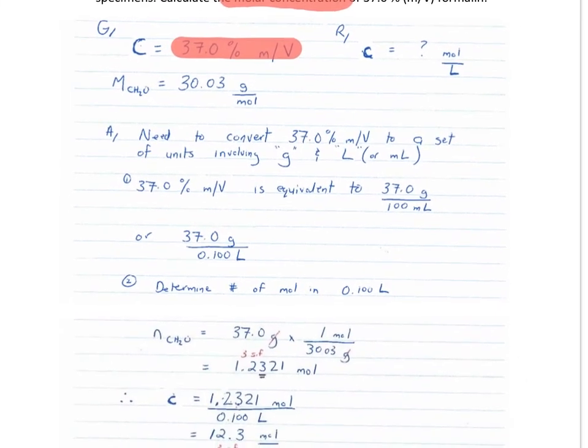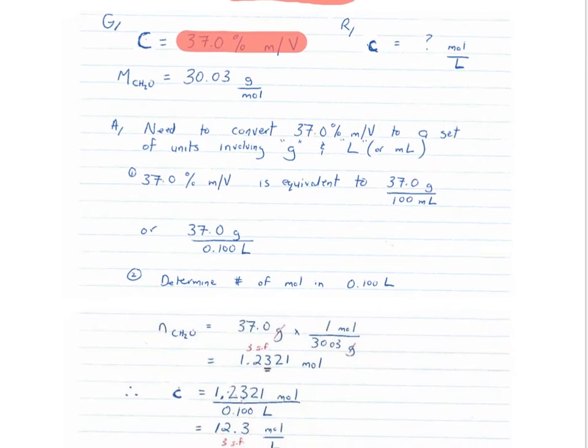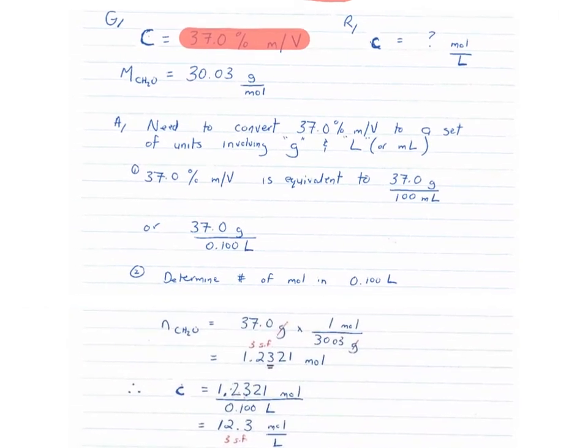So first thing, the 37% mass volume, we can convert that to units involving both grams and milliliters, because remember that 37% mass volume is equivalent to saying that we have 37 grams of the solute in every 100 milliliters of solution.